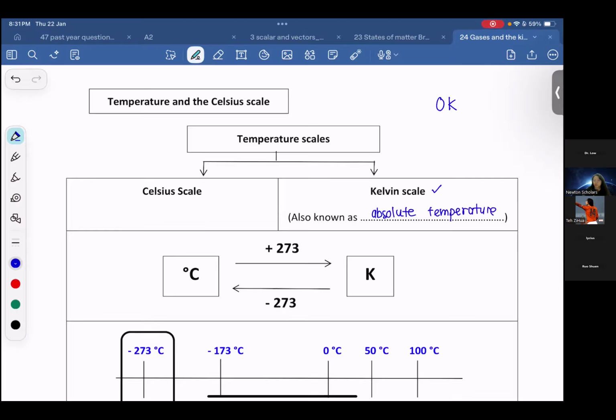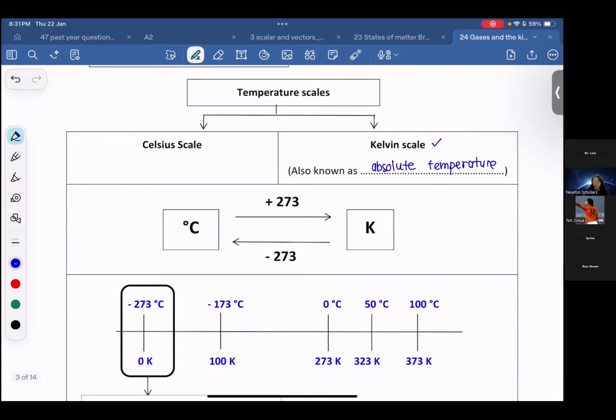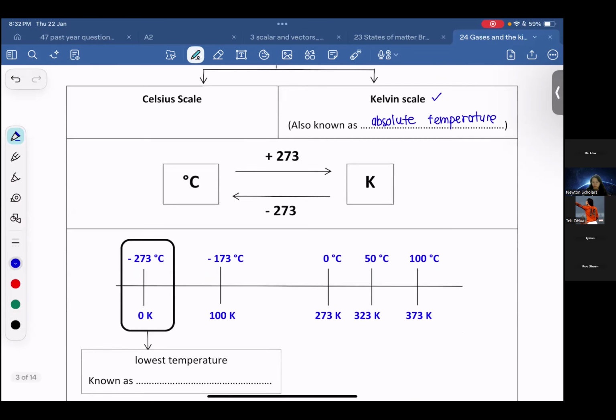If you measure in the Kelvin scale, we know it as absolute temperature. Last week I did mention that degree Celsius change to Kelvin is plus 273. Kelvin change back is minus 273. This value you have to know. The question will not tell you, so you have to know, dear.